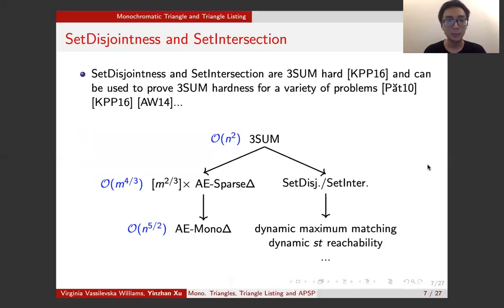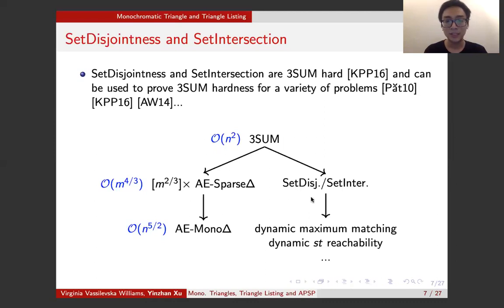Previously, set disjointness and set intersection were shown to be 3SUM hard by Kopelowitz, Pettie, and Porat. Many people have used these two problems as intermediate problems to show 3SUM hardness for a lot of other problems, including dynamic maximum matching and dynamic s-t reachability.